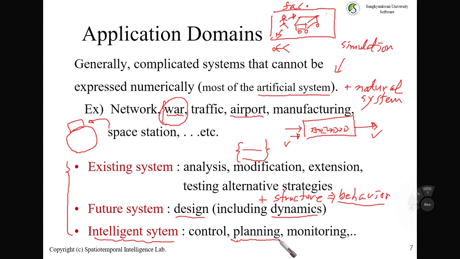It's planning, and the planning also includes scheduling, when and what to do, and monitoring. Monitor the operation of the current system, whether it is operating correctly or not. If there is something wrong with the current operation, then detect that and provide corrective action. That means fix the operation.